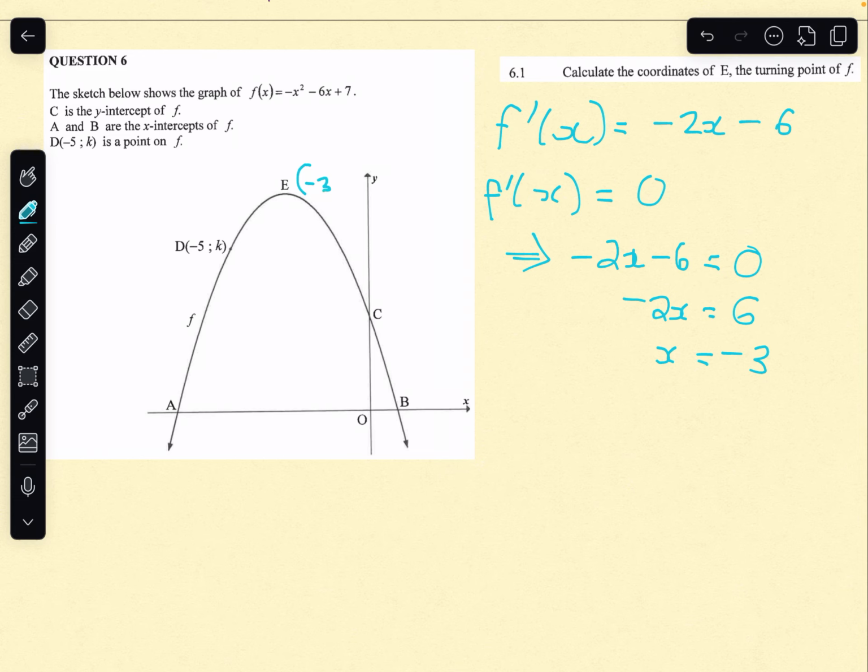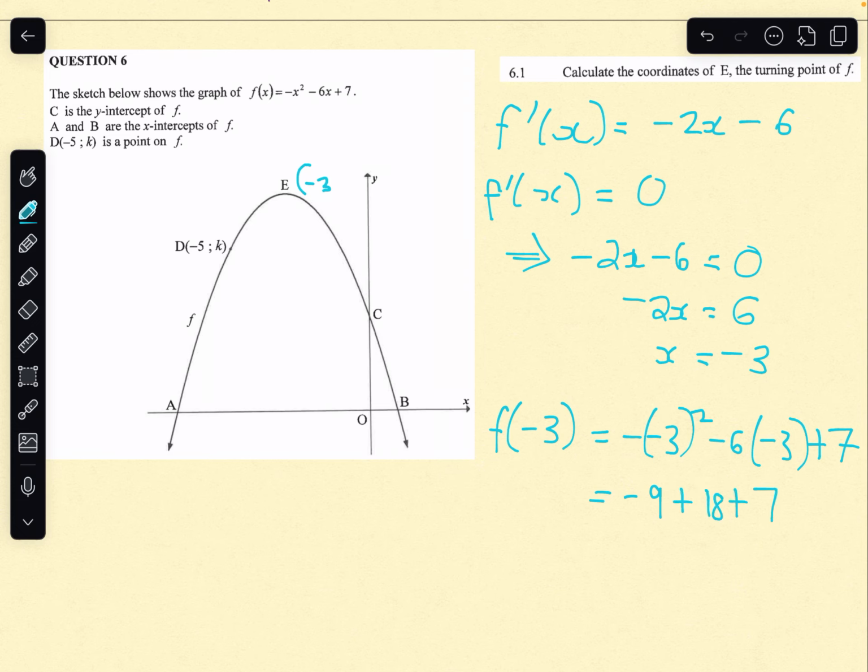Cool. So then we want the y coordinate as well, so we can figure out the y coordinate by putting the value minus 3 into the function. So that will be minus 3 squared minus 6 times minus 3 plus 7. So that is minus 9 plus 18 plus 7, so that is 25 minus 9, which is 16.